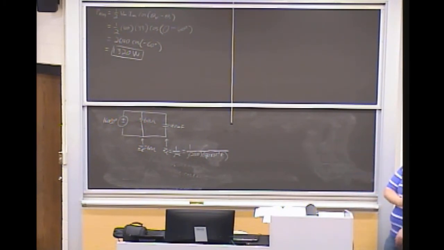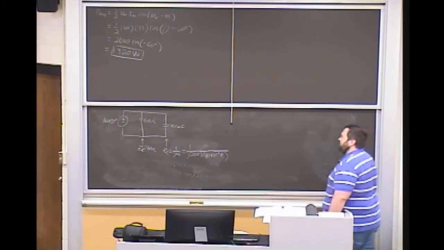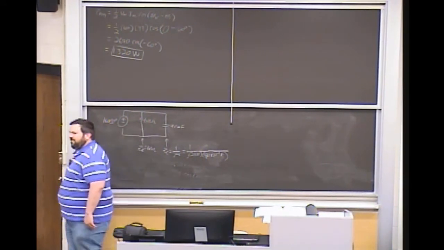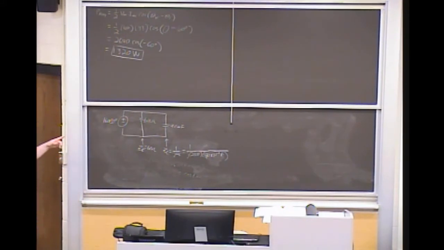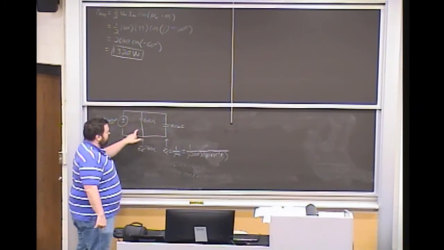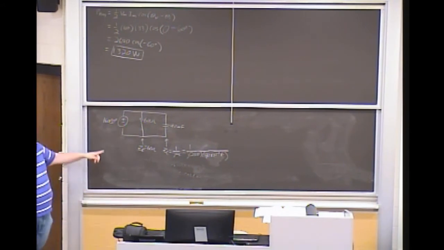What you might want to do other than that is consider, because these are in parallel, you're going to have the same voltage across each of those branches, and one of them is purely resistive, the other is purely capacitive. And what do we know about the phases of those two things?